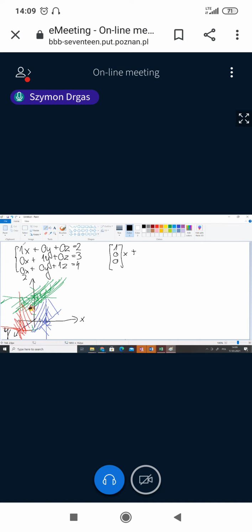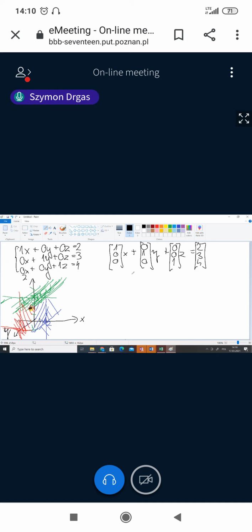So the coefficients in front of x are 1, 0, 0. Then we have 0, 1, 0 times y plus 0, 0, 1 multiplied by z is 2, 3, 4.